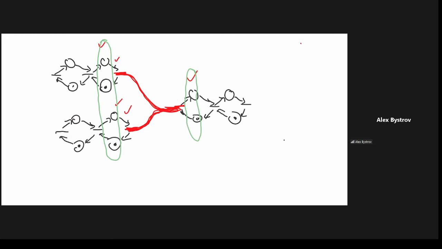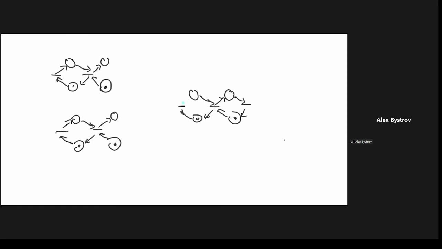And now I can beautify the drawing, stop drawing ugly transitions and make everything beautiful. For this, let me erase this part, and this part, and this part, and replace it with the same transition.